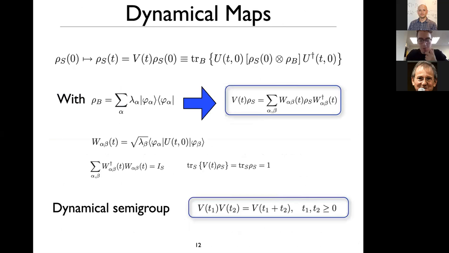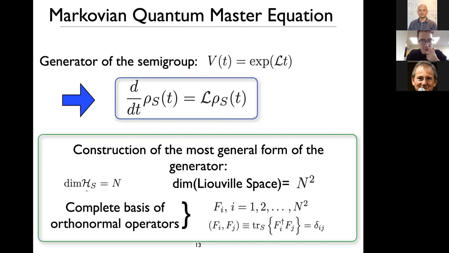With this representation of the dynamical map, if you substitute two different times into this expression and compose the dynamical map at times t1 and t2, you can see that this will just be in the same form.